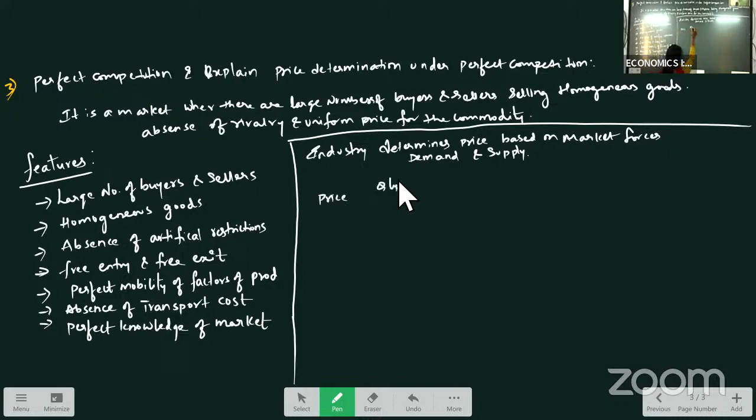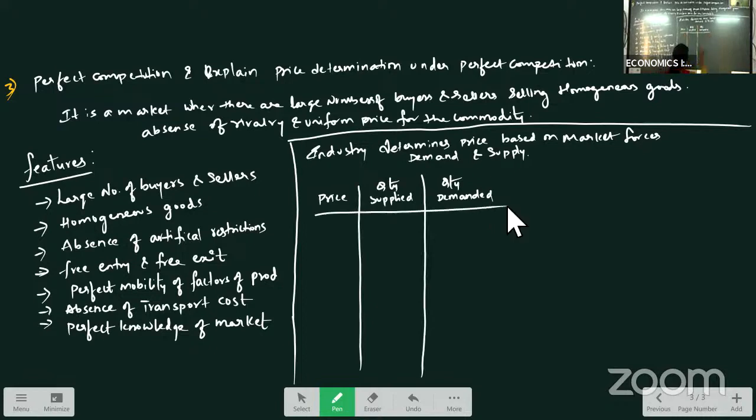Here we take quantity supplied and quantity demanded. So if you see, as we have studied law of demand and law of supply, if price is 10 rupees, if price is less, supply will be less. If price increases, supply also increases.